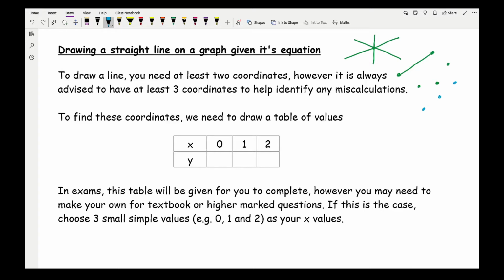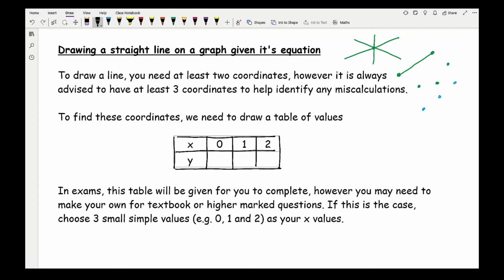Now, to find these coordinates, obviously we need at least 3 coordinates. So to find these coordinates, you need to draw what we call a table of values. Now, a table of values looks like this. So what you do is you make up, or you can choose, 3 values of x, in which I probably advise that you go for 0, 1, 2, because they're probably the nicest numbers to work with.